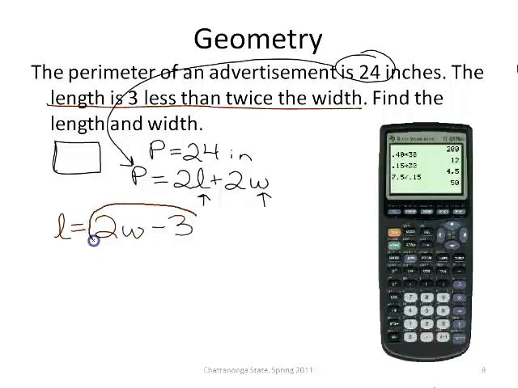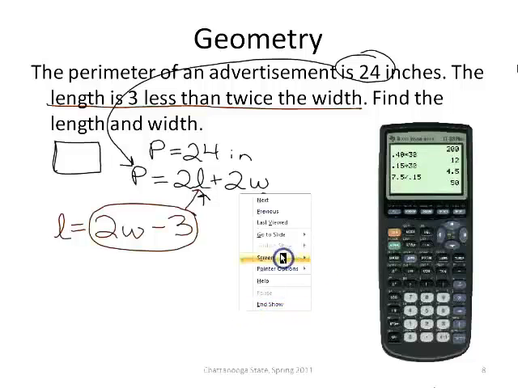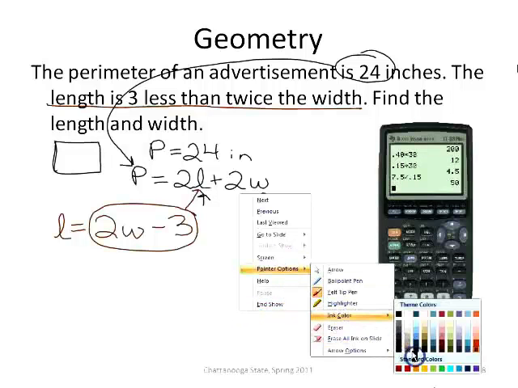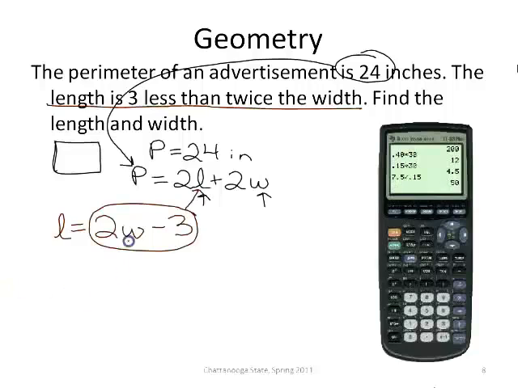So I could use this in that formula in place of the L. Let me go back to my other color here. So when I put the 24 in for P and the 2W minus 3 for the L, this becomes my equation. 24 equals 2 times 2W minus 3 plus 2W.